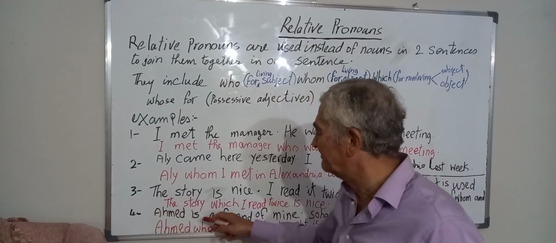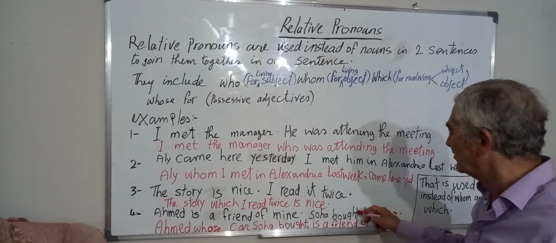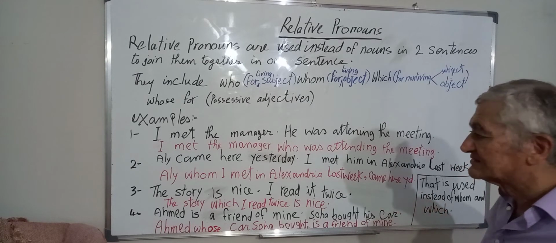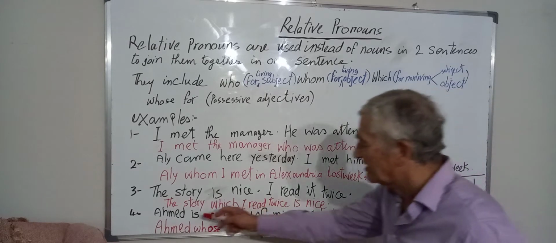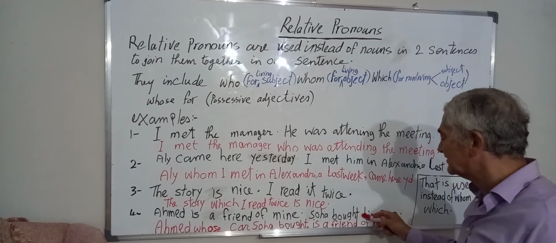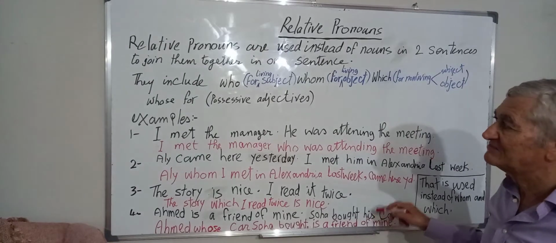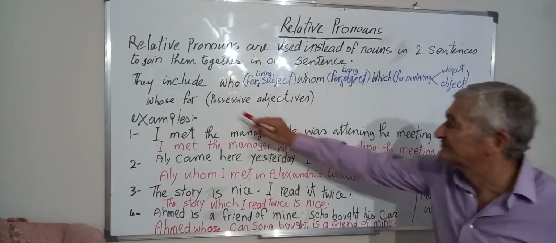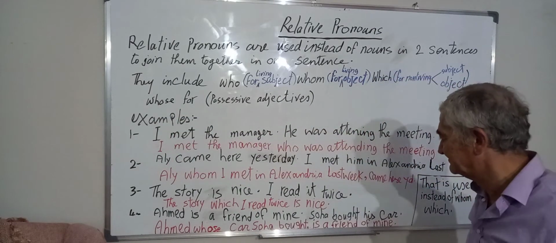Fourth example, Ahmed is a friend of mine. Soha bought his car. Okay? What is the repeated noun or pronoun? Ahmed is a friend of mine. Soha bought his. So the repeated pronoun is a possessive adjective. So we use whose instead.